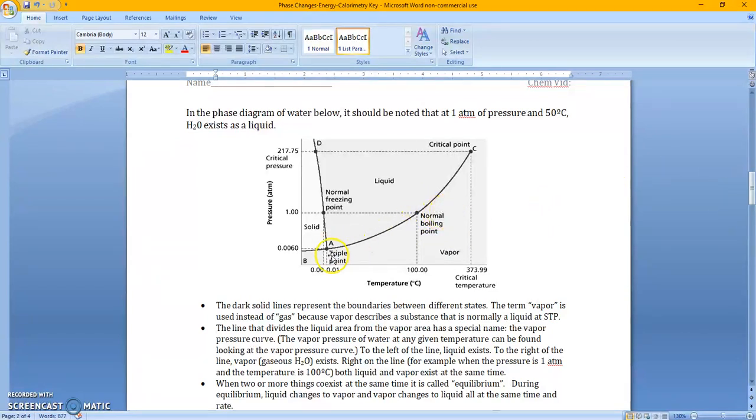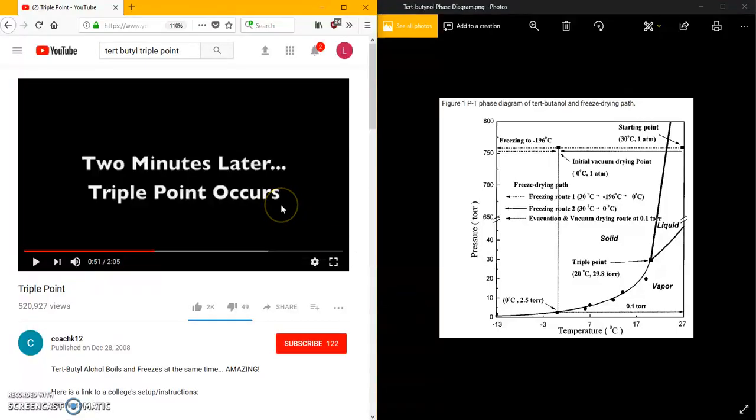The special thing about this one is the triple point. A triple point is where all three of these lovely phases are at the same time. So they exist all at the same time. This is a video of tert-butyl alcohol's triple point. If I look over here, this is tert-butyl's diagram.